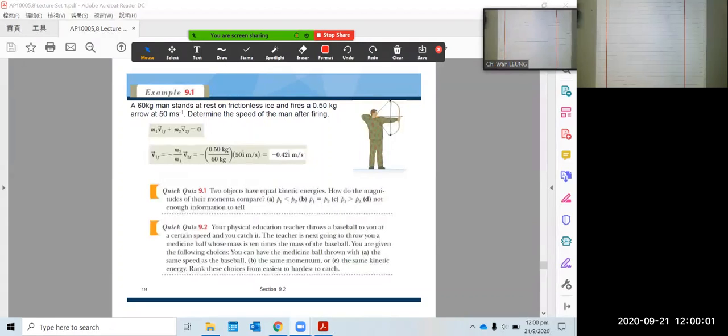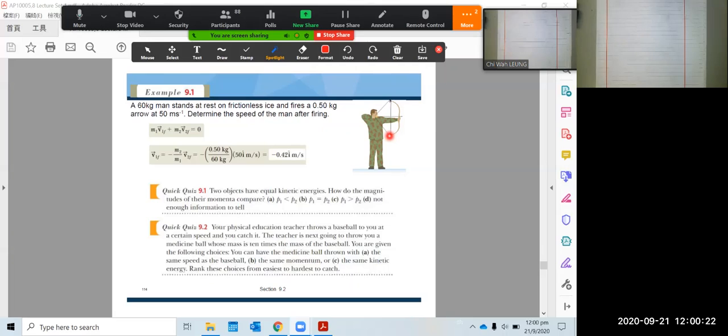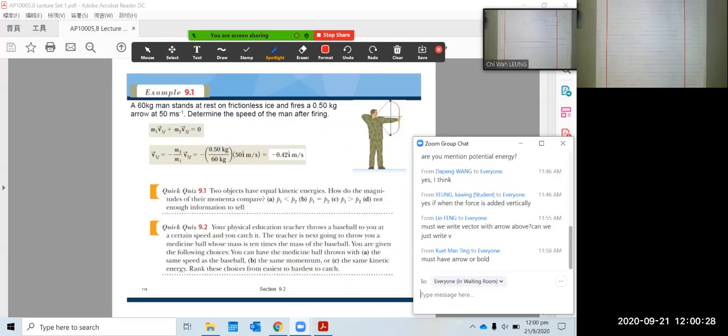So here, we just take a look at a quick example. You have this man standing on a frictionless ice surface, so no external force. There is only internal force. And he is trying to fire an arrow at 50 meters per second. Initially, of course, the man and the arrow are both at rest.